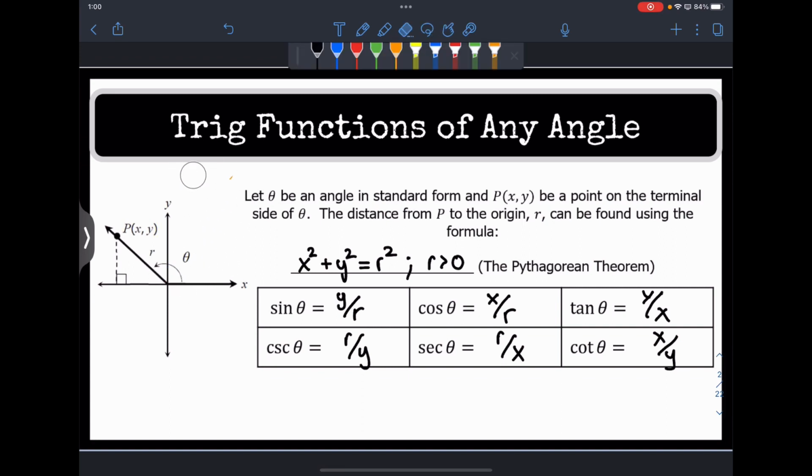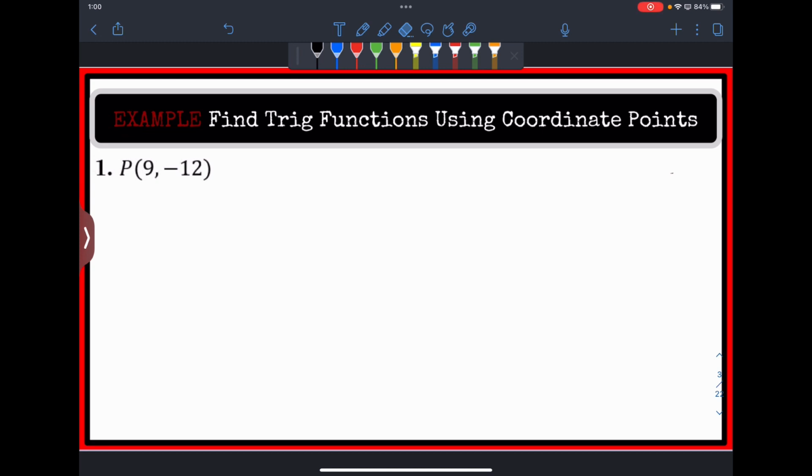So let's use this information to find the 6 trig functions of an angle. For this one, let's draw a diagram. This is going to be in quadrant 4, because 9, 12 would be 9 units to the right and 12 units down. That would put the point P down here.